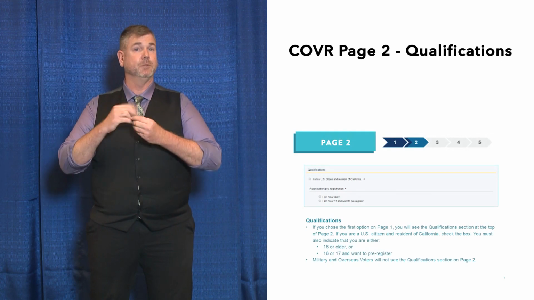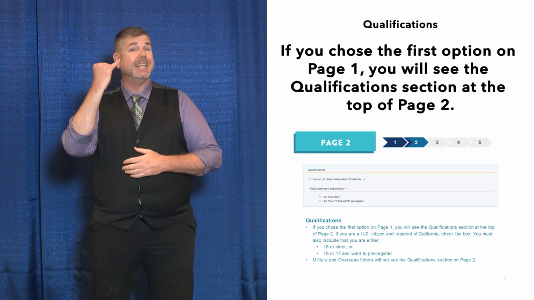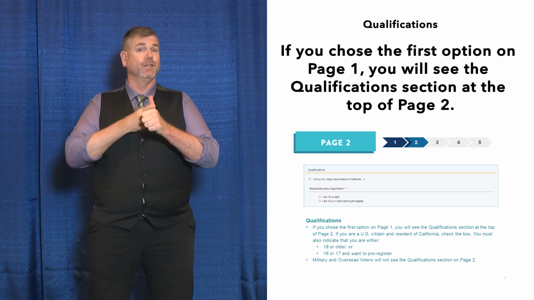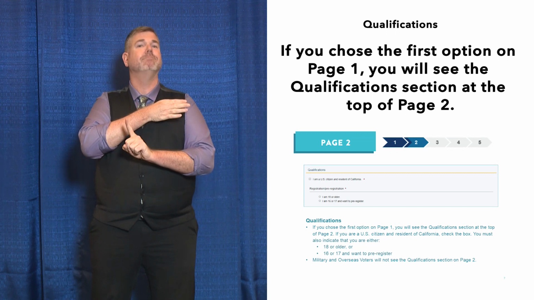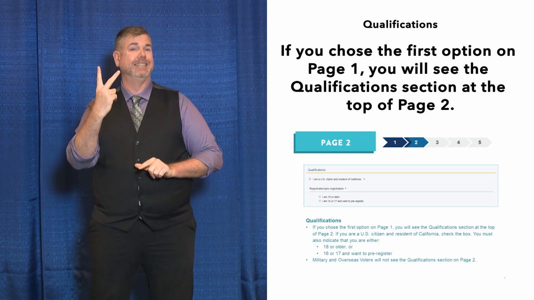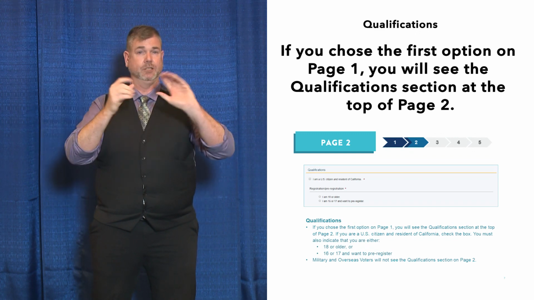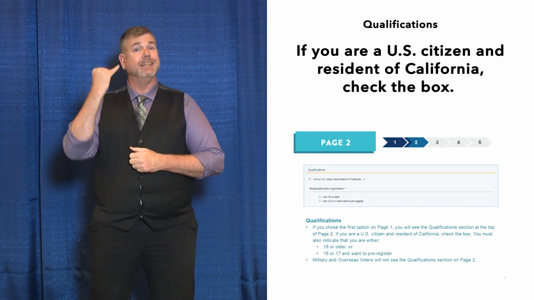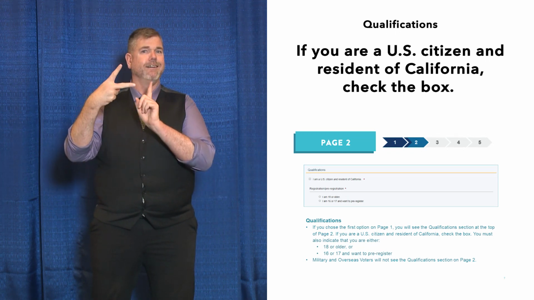COVR page 2. Qualifications. If you choose the first option on page 1, you will see the Qualifications section at the top of page 2. If you are a U.S. citizen and resident of California, check the box.